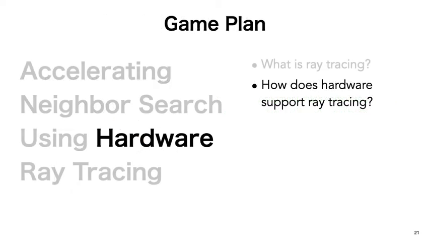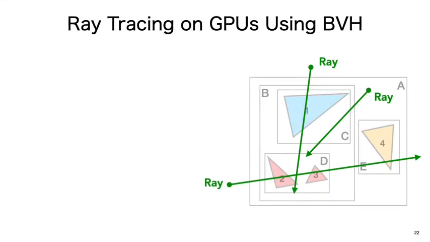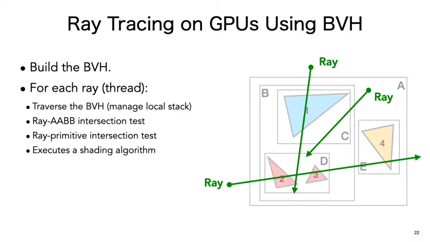So that is the ray tracing algorithm, and let's now talk about how modern GPUs support ray tracing. The first thing we realize is that ray tracing is embarrassingly parallel because every single ray is completely independent of each other. So a GPU is a natural fit for performing ray mesh intersection test. What we would do is to first build the BVH, and we assign each ray to a thread.